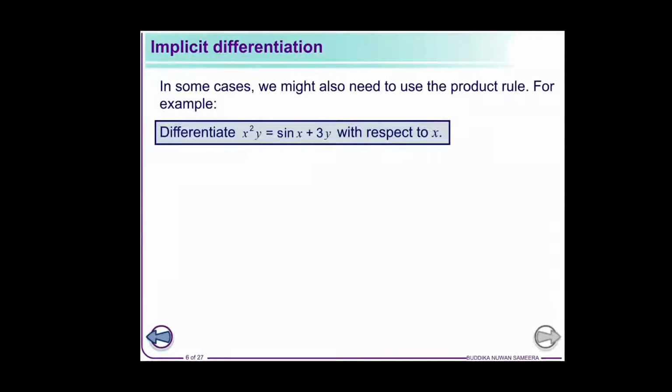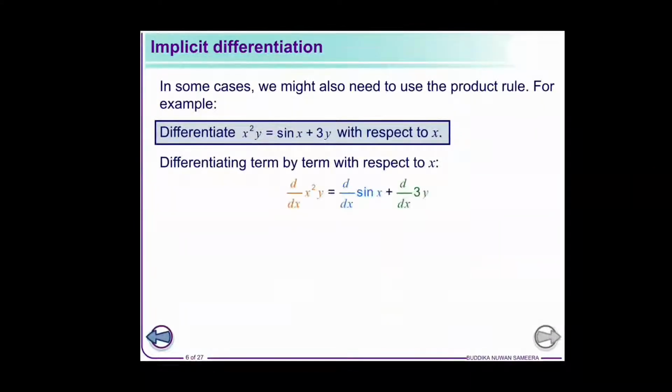Okay, let's see how to differentiate this function x square times y equal sin x plus 3y with respect to x. So you can see here x square and y are multiples of two functions.